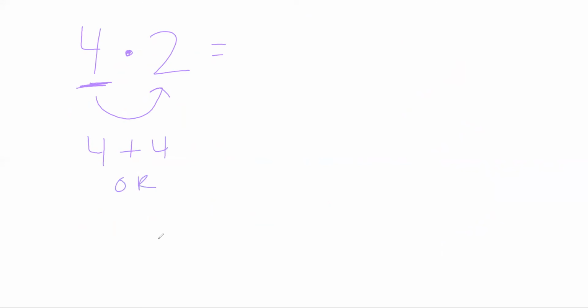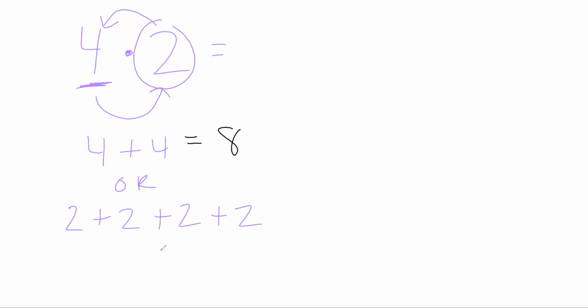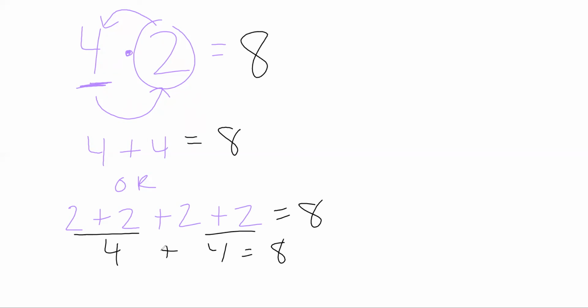Or it could be that I'm taking 2 and I'm writing it 4 times. So that could be 2 plus 2 plus 2 plus 2. Now, if we do this work, doubles facts, 4 plus 4 is 8. Here, doubles facts 4, 4, again, 4 plus 4 is 8. We find out that 4 times 2 equals 8.